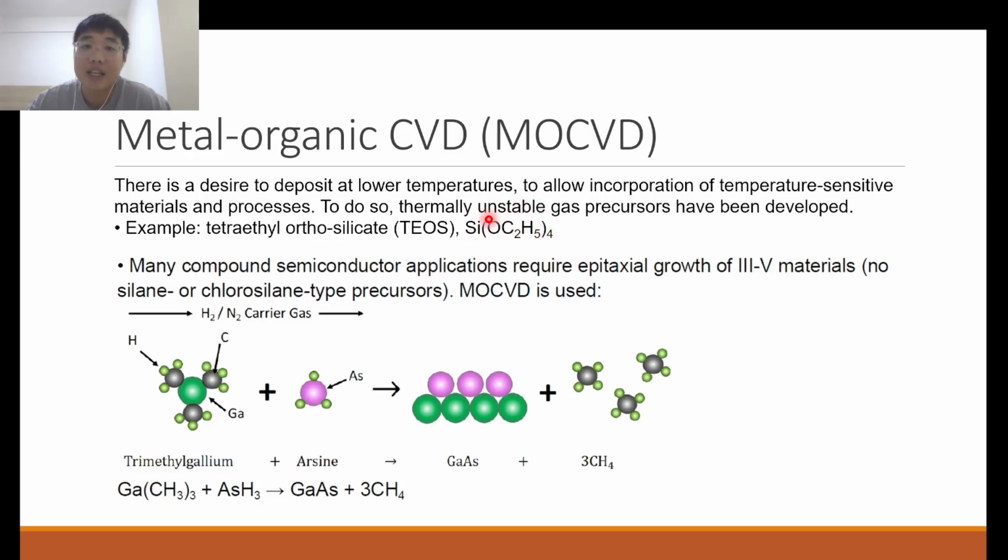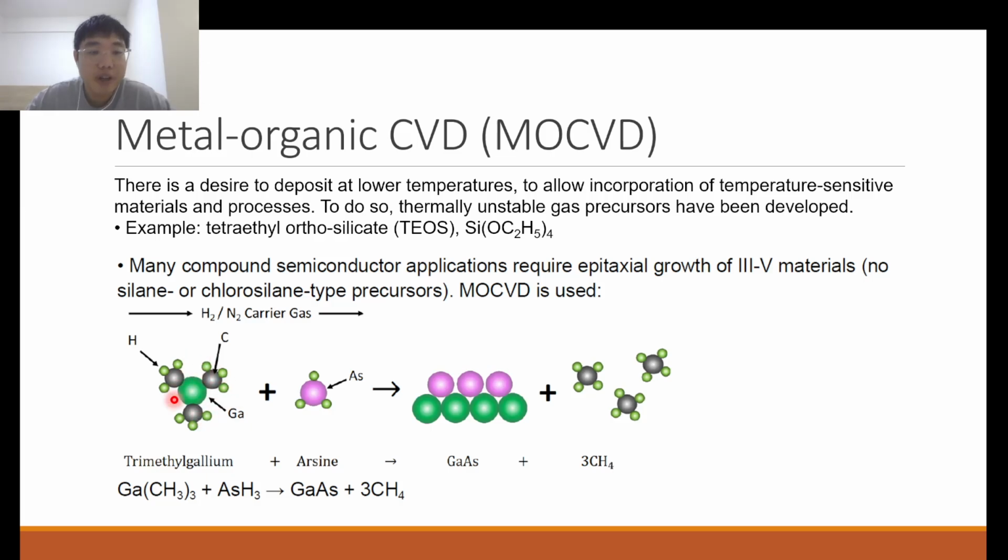In a sense, you can think of it as four ethoxy groups bonded to your central silicon atom. This is very commonly used nowadays to deposit silicon dioxide. In addition, when you want to deposit compound semiconductors, like your group 3, group 5 materials, like gallium arsenide, MOCVD is often used.